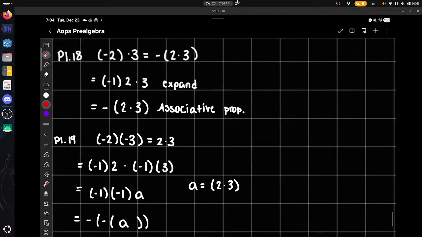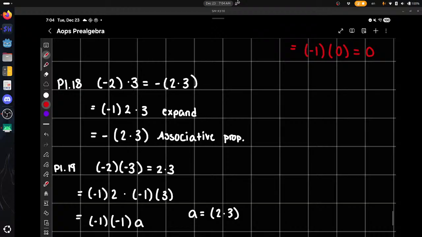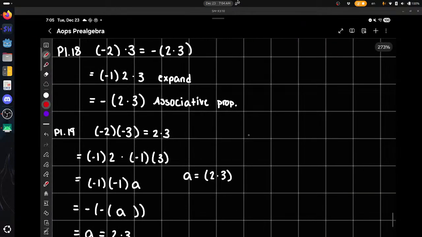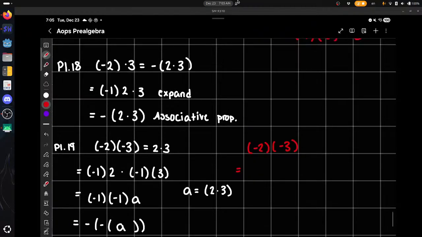They used the definition they learned from the previous problem to then solve it. So if I were to redo it, it would look more like this. So they do this.